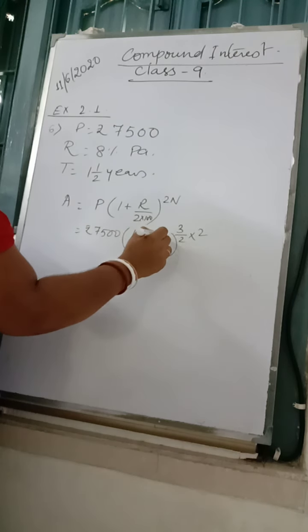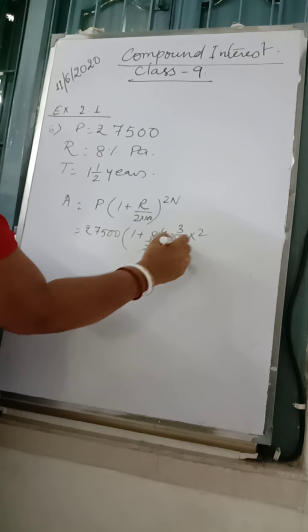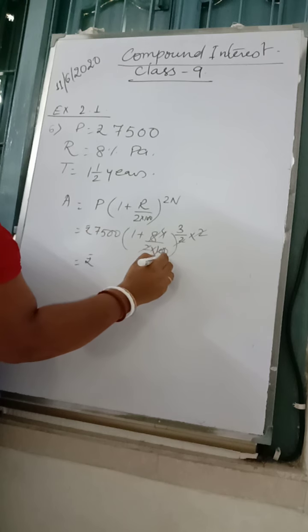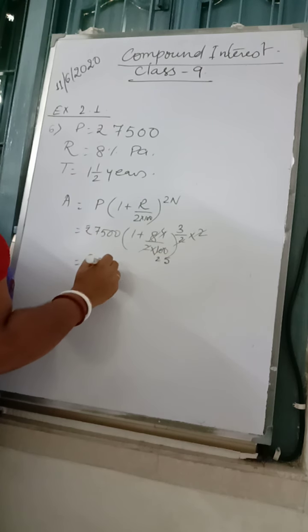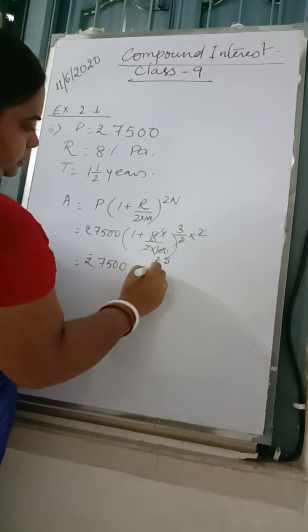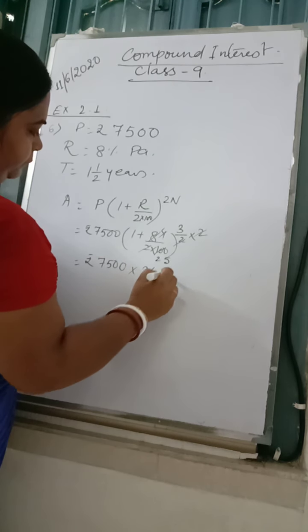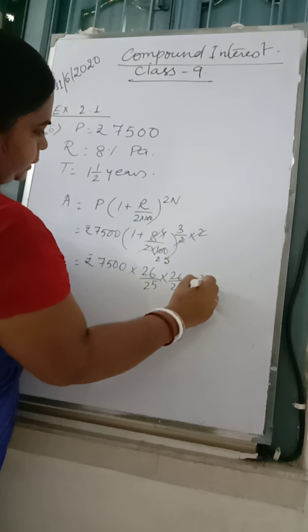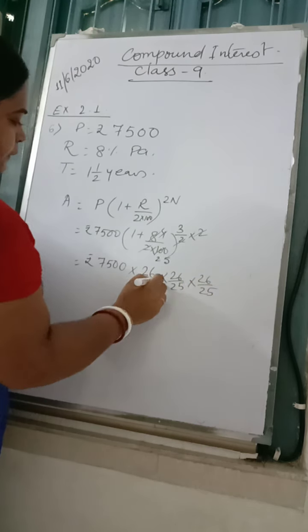2 4s are 4, 25s are. This 2 is cancelled. So it gives you rupees 7,500 into 26 by 25, 26 by 25 and 26 by 25.